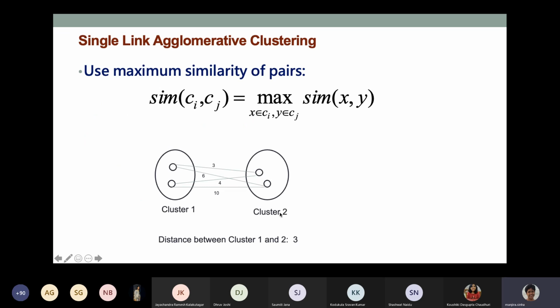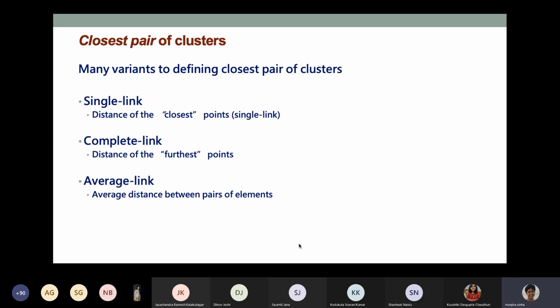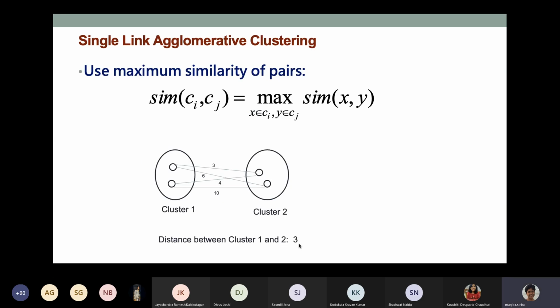Okay, I don't think it will be 2. The distance between cluster 1 and 2 will not be 3. Okay, because if we take the maximum value is 10. So I need to check. But as per the definition, the value is not 3. Actually, 3 is the minimum value, which will be... okay. Sorry. I did the mistake. Yes.